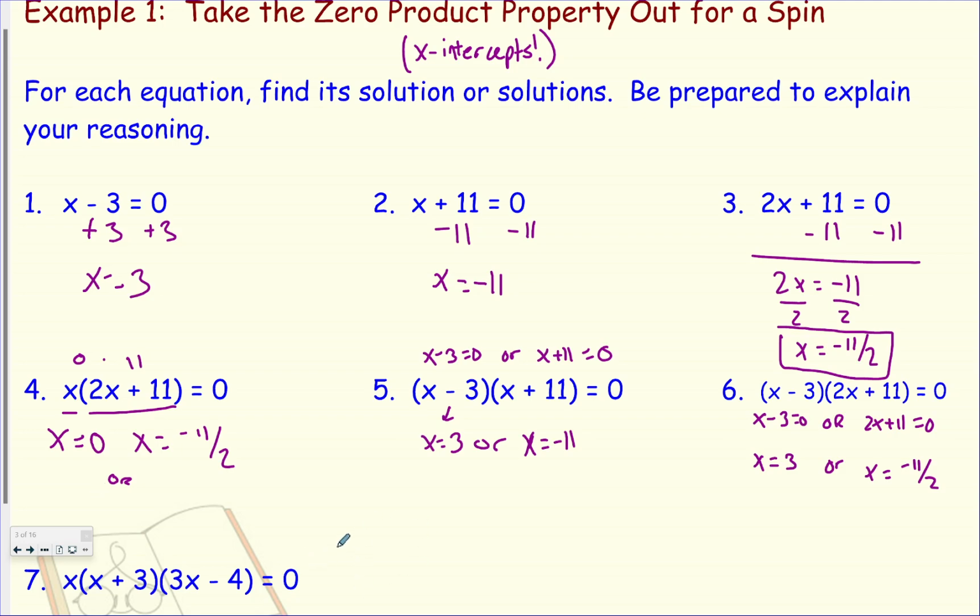So we would say x equals 0 or x plus 3 equals 0 or 3x minus 4 equals 0. Now the first one's kind of done for us: x equals 0, done. This one, as you could guess, should be negative 3.